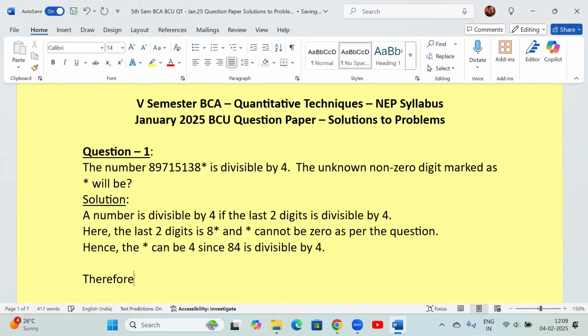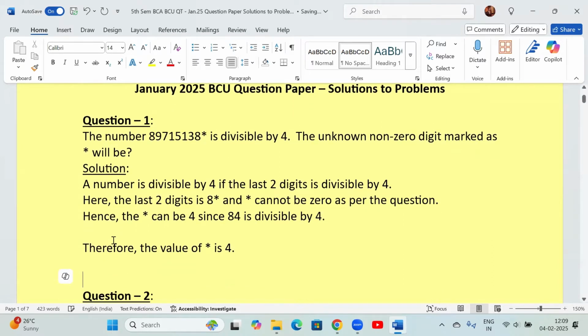Therefore, the value of star is 4. So that will be the solution for this question. Let me move on to the next question.